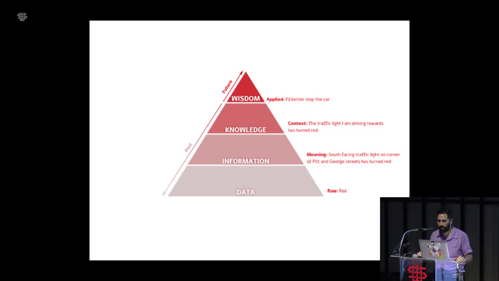When it gets meaning, it becomes information, and then the red could mean the south-facing traffic light on the corner of Pitt and George Streets has turned red. If you add to that context, which means what do I have to do with this information? The traffic light I am driving towards has turned red. So now I'm in the picture as well.